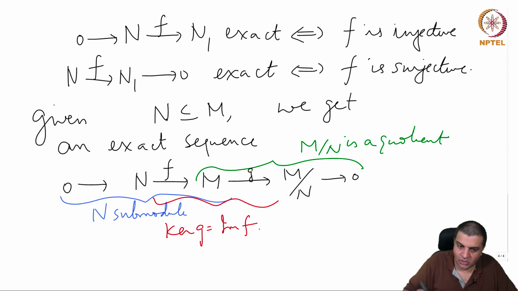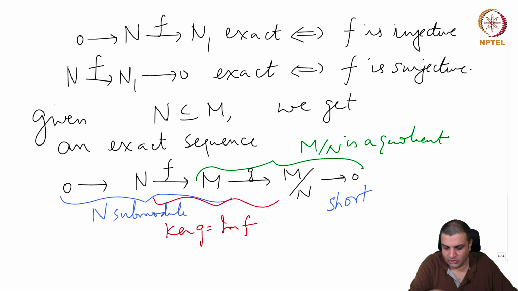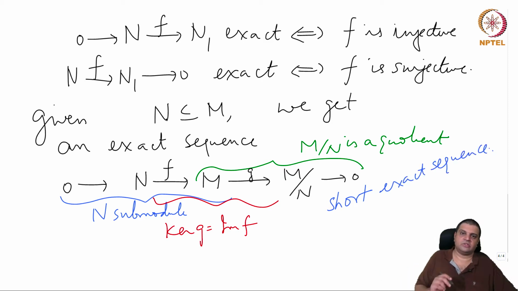Such a thing is called a short exact sequence, to denote that there are only at most three non-zero terms. The left 0 is to indicate that this is injective. The right 0 is to indicate that this is surjective. Such a thing is called a short exact sequence.